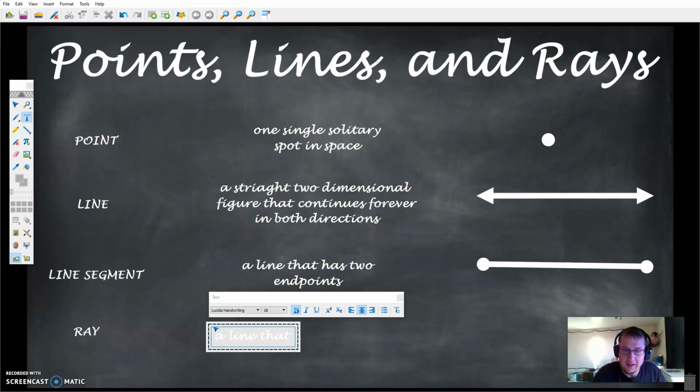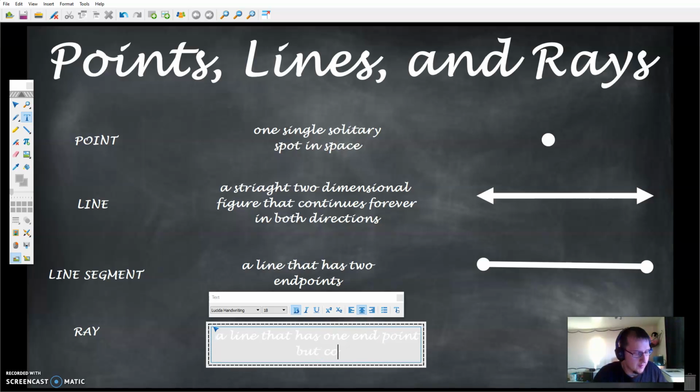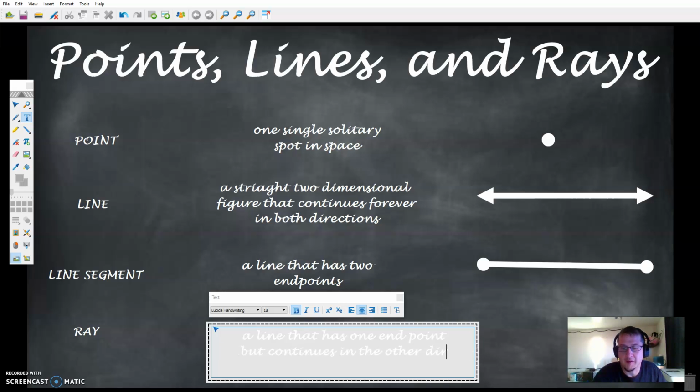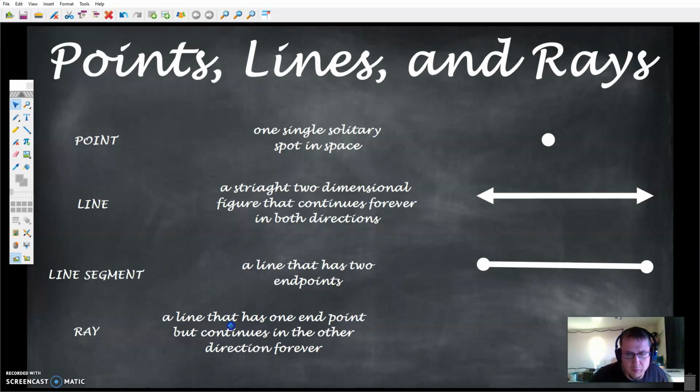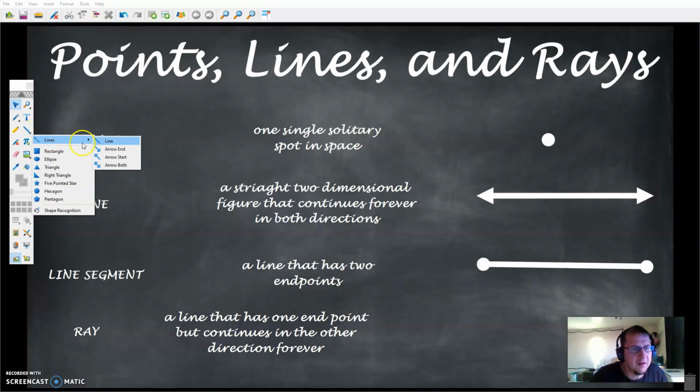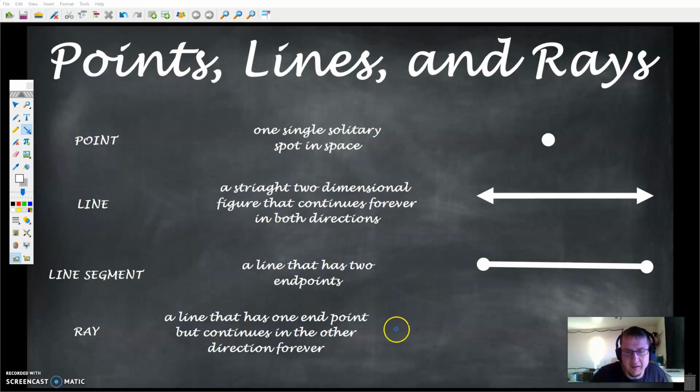So a ray is a line that has one endpoint but continues in the other direction forever. Squeeze that just a little bit so I have room to show you what I'm talking about here. Okay, this is going to be one of our lines in here that only has one arrow on the end of it. So let's take it and we're just going to point at silly old Mr. Pratt in the corner here. And then as far as drawing this goes, I do want to make sure I give it that endpoint for specificity to show that it ends right there.